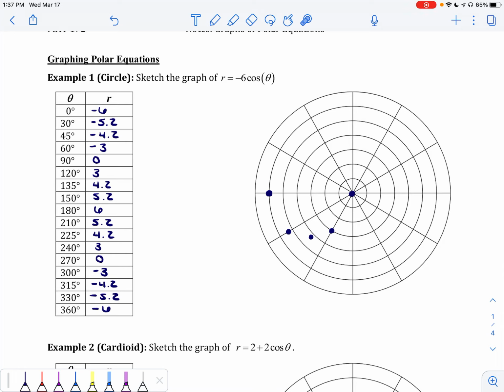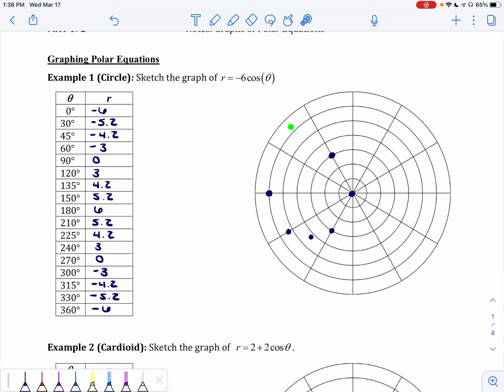All right, then we have 120 and 3. So 120 degrees is right here. This time we have a positive radius, so we stay on that 120-degree line and go out 1, 2, 3 circles. All right, then 135 degrees with a radius of 4.2. So 135 is right in the middle of quadrant 2.